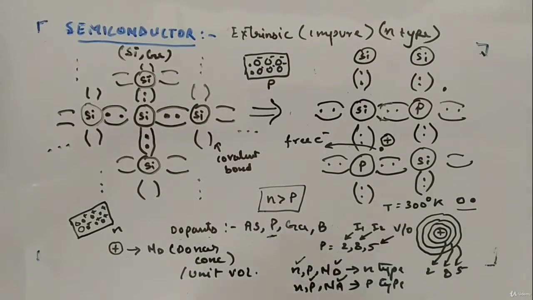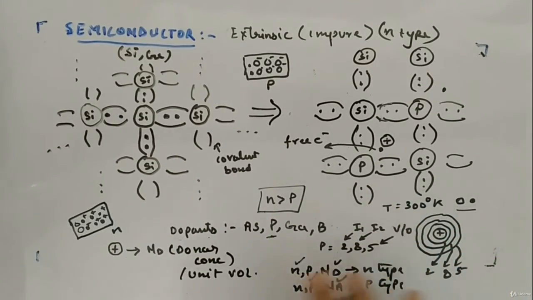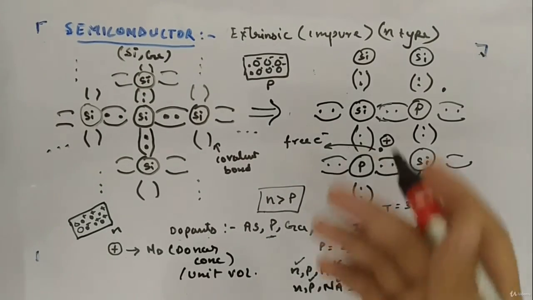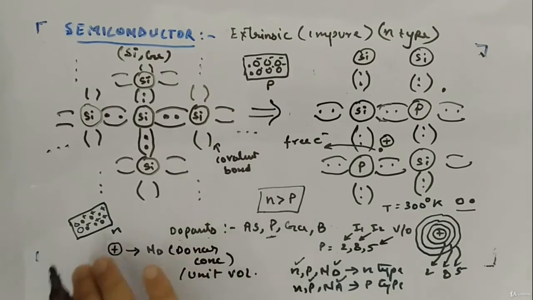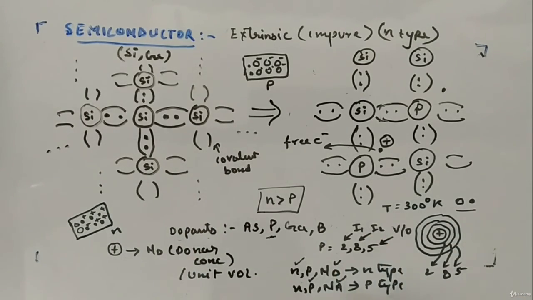So that's how we go on, and now we will merge the p and n types and see what properties we can observe. So you are getting the flow. First we saw why we chose conductors and semiconductors, then we saw intrinsic and extrinsic semiconductors, then in extrinsic we saw p and n. Now we will merge p-type and n-type semiconductors so that we get the PN junction.